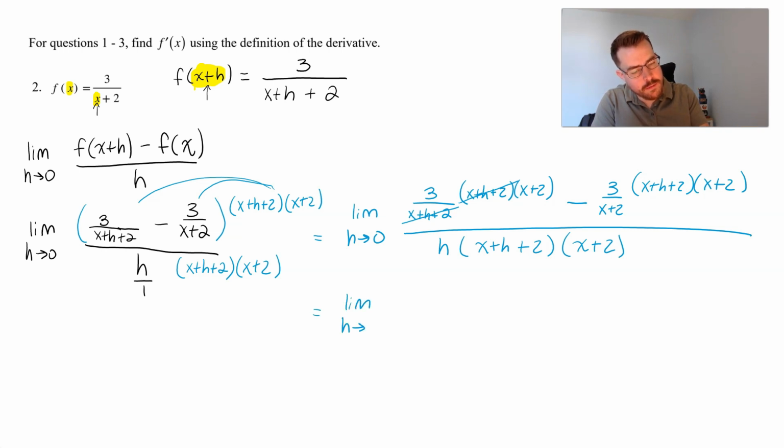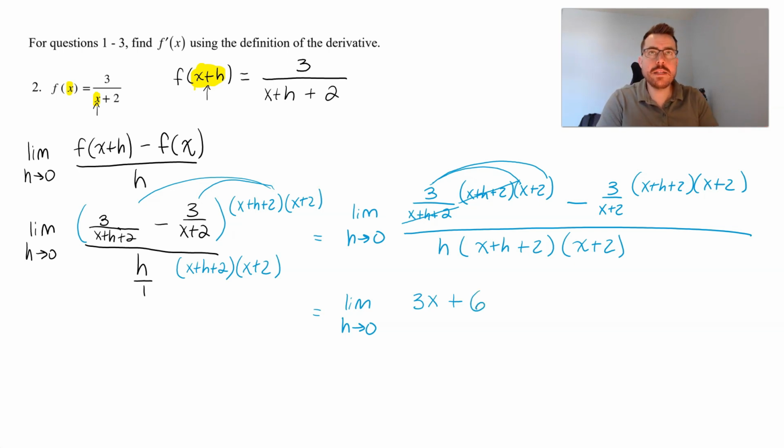Okay, so if we continue this out, I can distribute that 3 to both of these. So we wind up with 3x plus 3 times 2 is 6 there. Now for the second term here, we have x plus 2 on the bottom and x plus 2 on the top. So we can reduce these down to 1, because again, anything divided by itself is just 1.